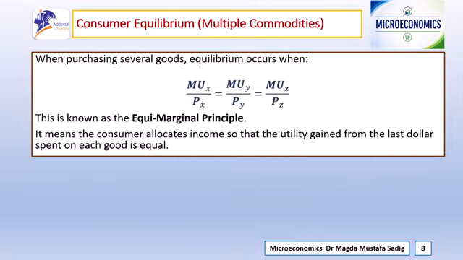Consumer equilibrium with multiple commodities or multiple goods. Real consumers rarely purchase only one product. Instead, they buy food, clothing, transport, entertainment, education, and many other goods simultaneously.